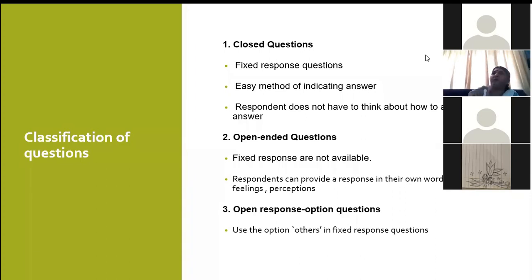For example, what is your religion? Hindu, Christian, Muslim. Then another option, others. Then you can write specify. Then the respondent has to specify the religion. So that kind of questions will be there.